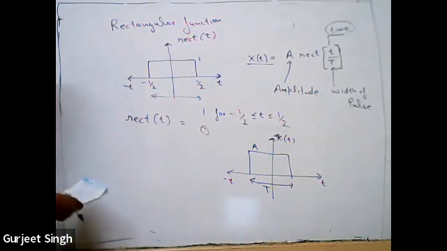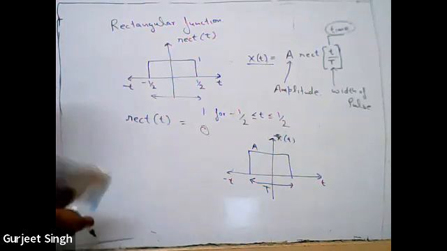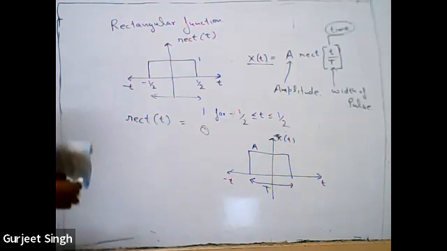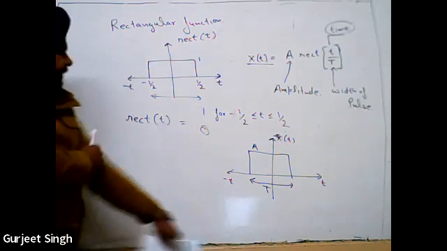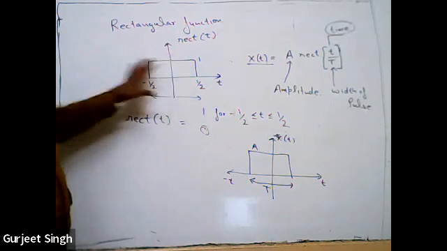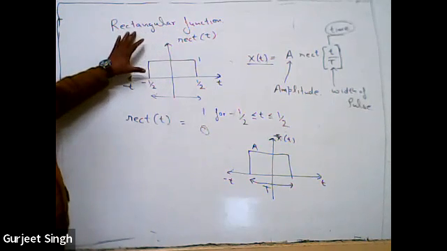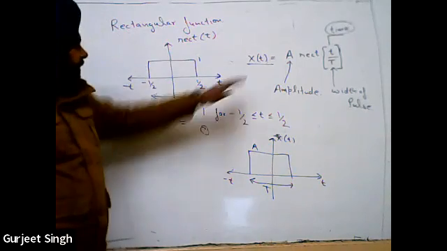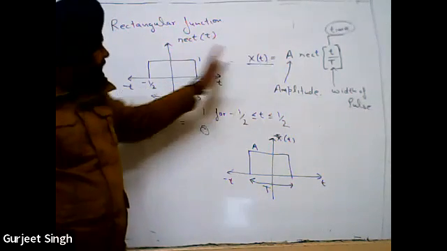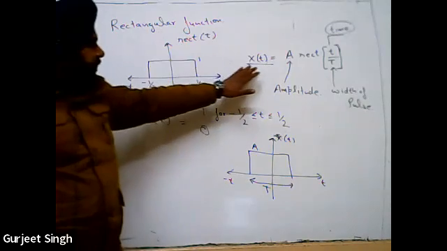This is the rectangular function, and we can use it in discrete time also. This is the representation of the rectangular function in the time domain basically. I have explained the rectangular function in the time domain.